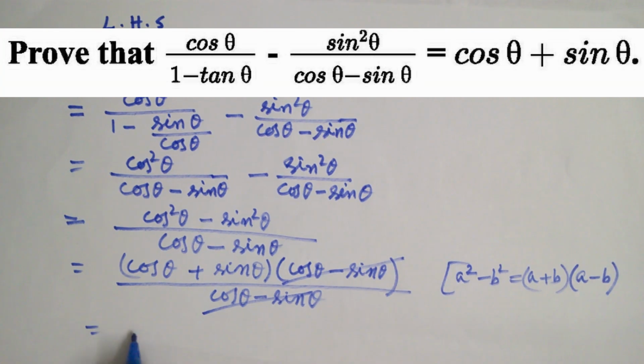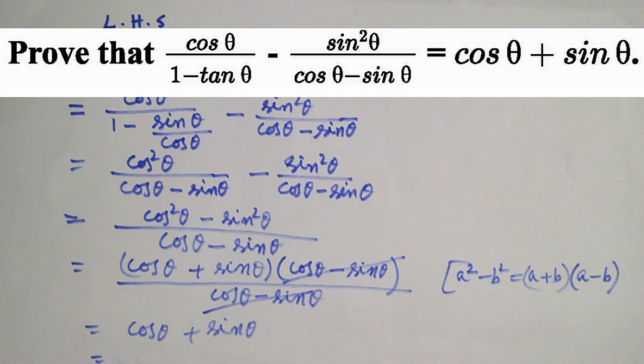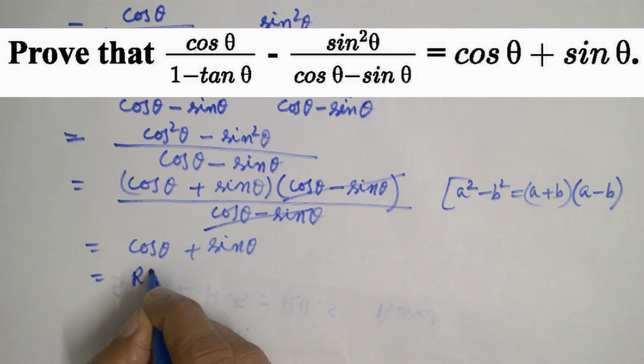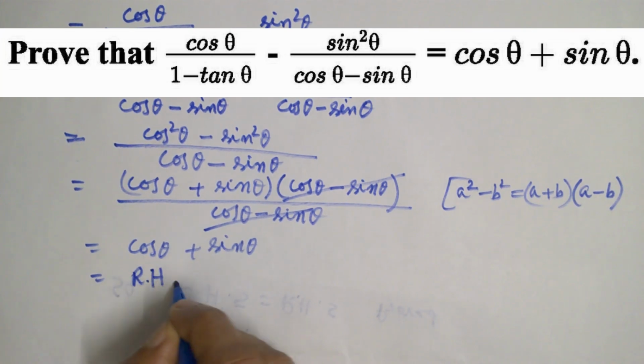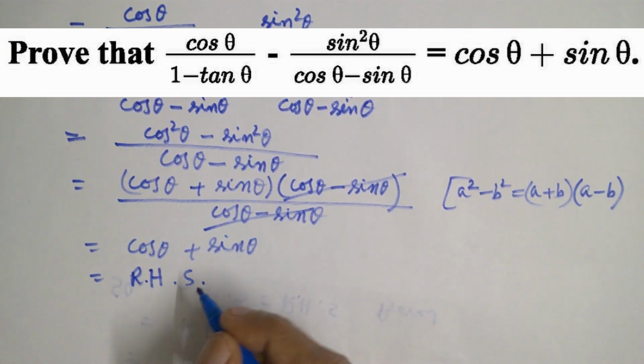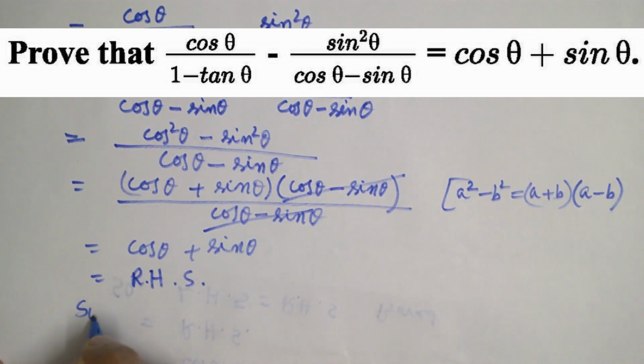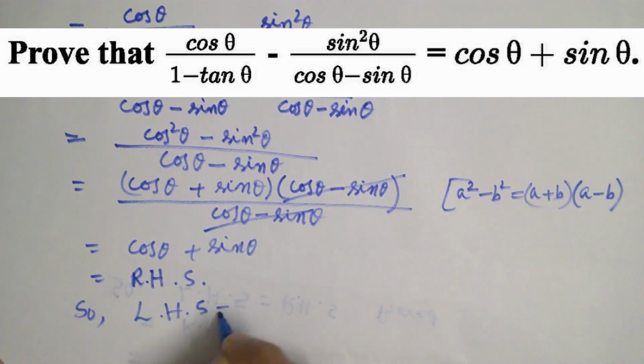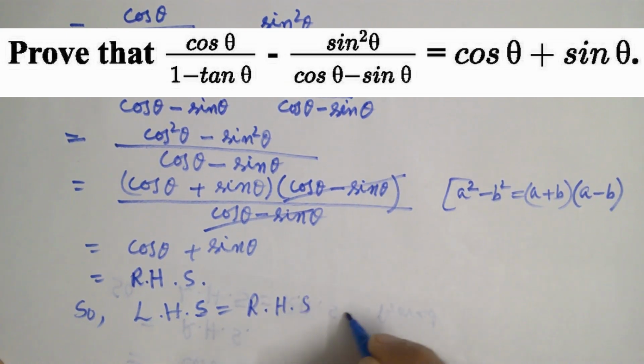What is remaining? Obviously this is right hand side. So left hand side equals right hand side, and hence proved.